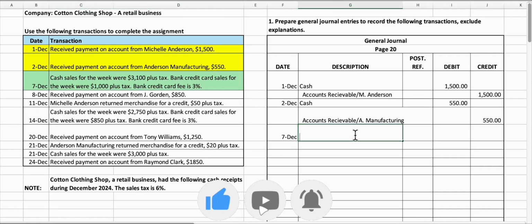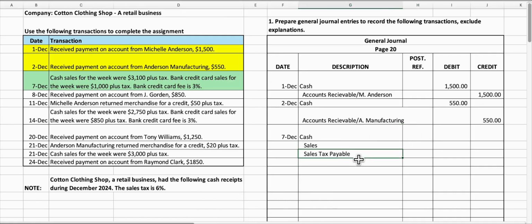So we'll debit cash and we'll credit sales and sales tax payable. So we're debiting cash because cash is coming into our account and it's coming in from sales and sales tax payable. For these transactions, the total amount of sales was $3,100.